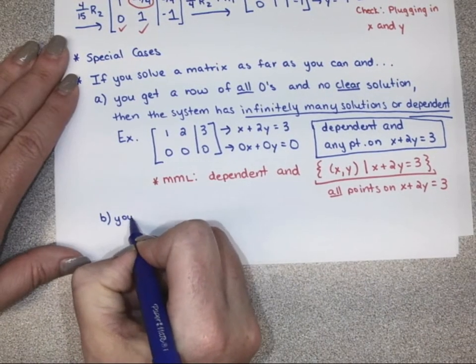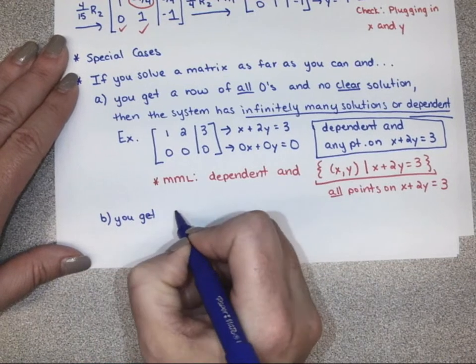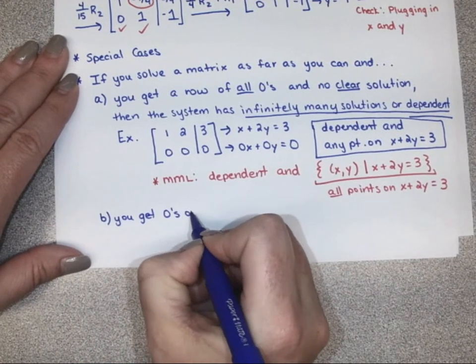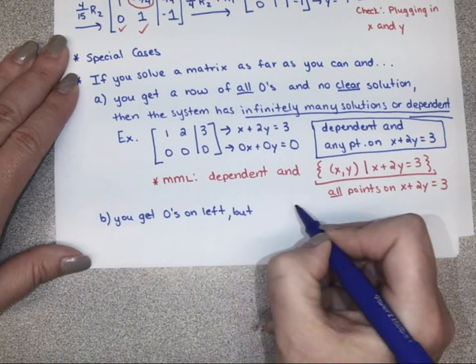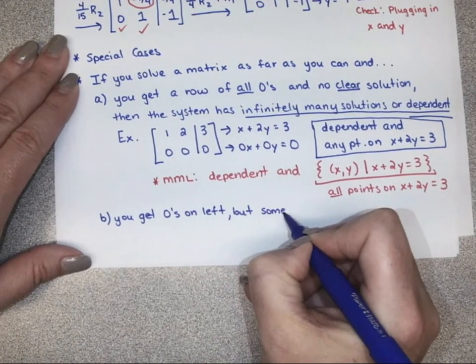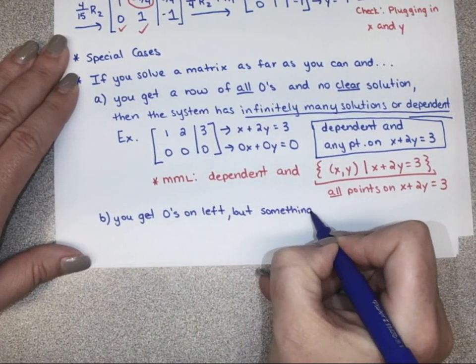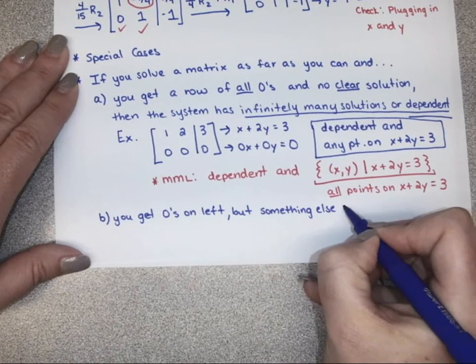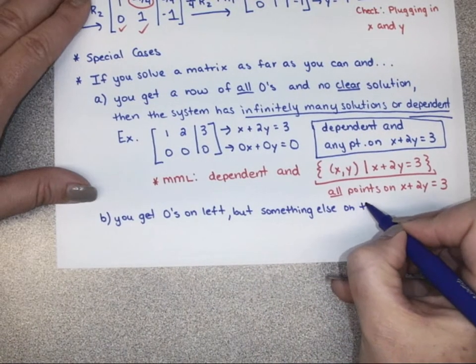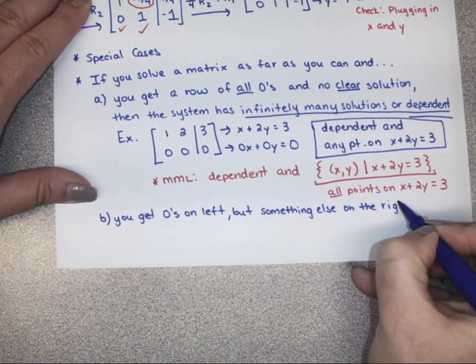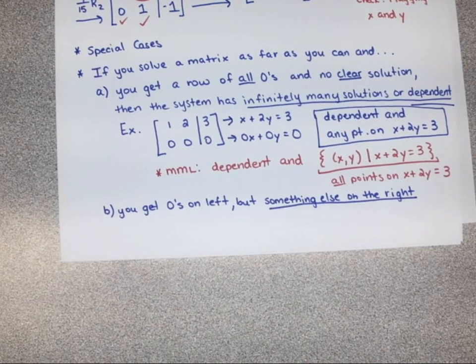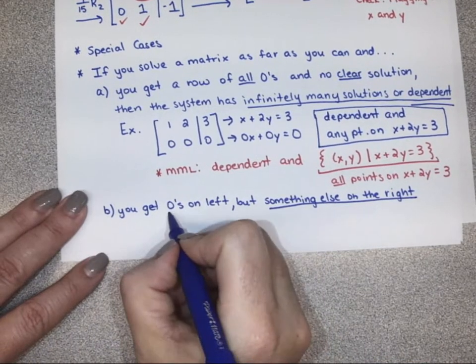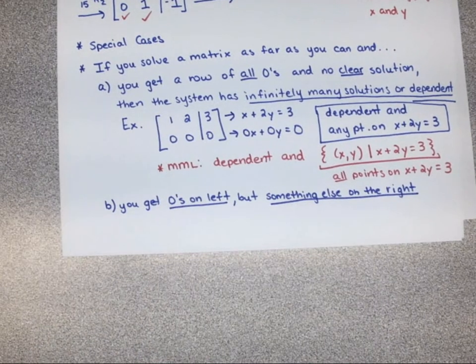But the second special case is you get zeros on the left, but something else on the right.